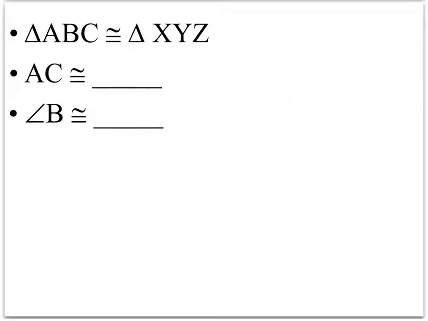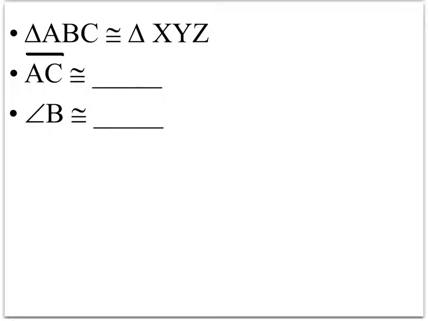Since congruent statements are always in this same kind of relative order, we don't even need a picture of the two triangles to tell how they are congruent to each other. Based on just looking at the congruent statement, we can tell which angles match up with which. For instance, I know that this is supposed to have a segment over it.